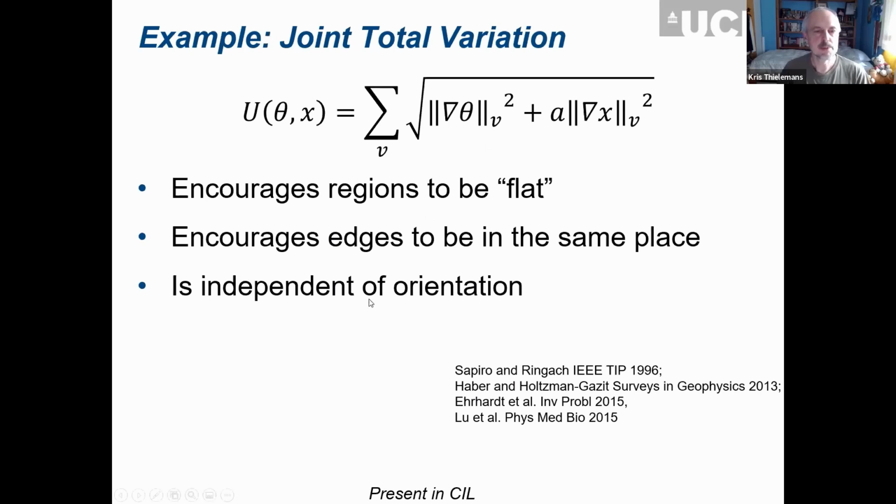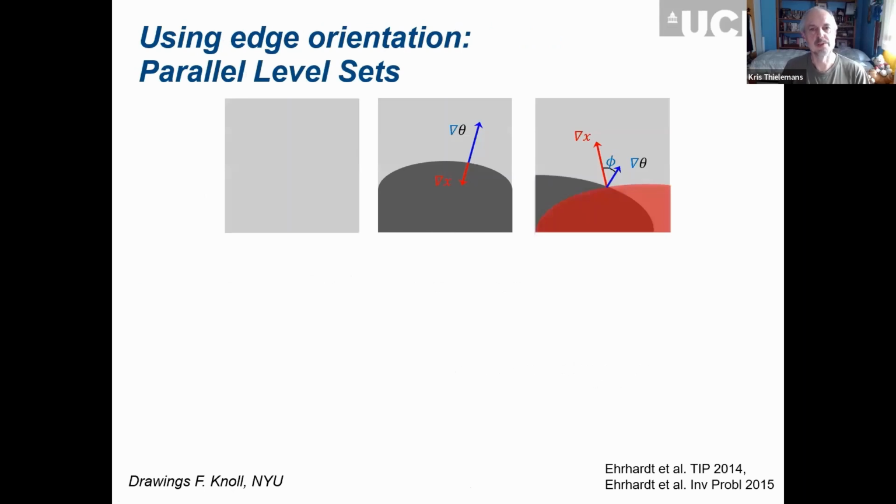However, this approach is independent of orientation. That's not so ideal, because clearly edge orientation is important. I think there are historically two approaches to look at this. One is called parallel level sets.